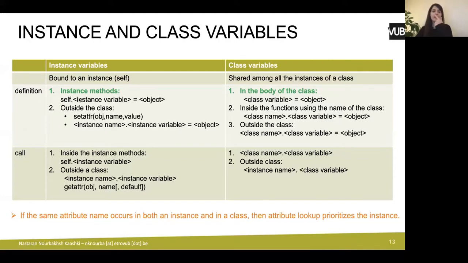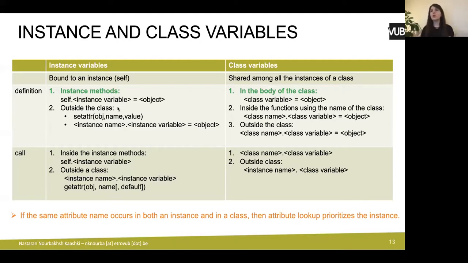So how can we define instance variables? You can see here, I wrote these two lines in green. The reason is that these two ways are recommended for defining an instance variable and for defining class variables. But you need to know the other ways that you can define instance variables, because you or your colleagues or some code that you download from the internet may do these things, and you should know what they are doing.